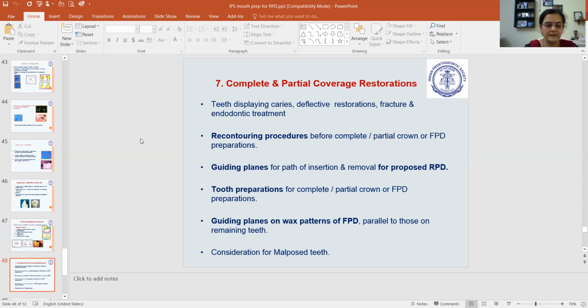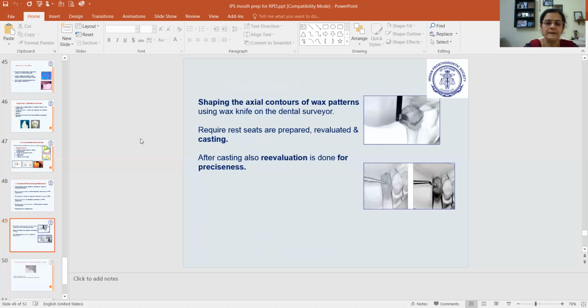At this time, considerations for the rest seats should also be carried out. After that, shaping of the axial contours of the wax pattern is done using a wax knife on the dental surveyor. The required rest seats are prepared, re-evaluated, and casting is carried out.